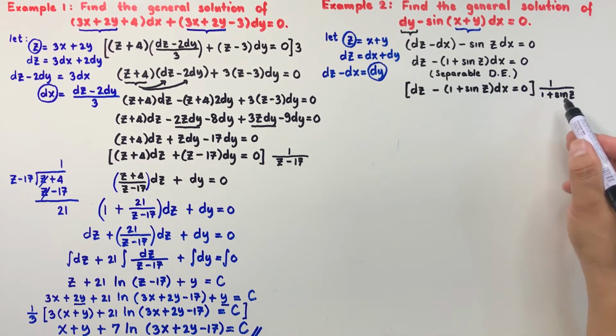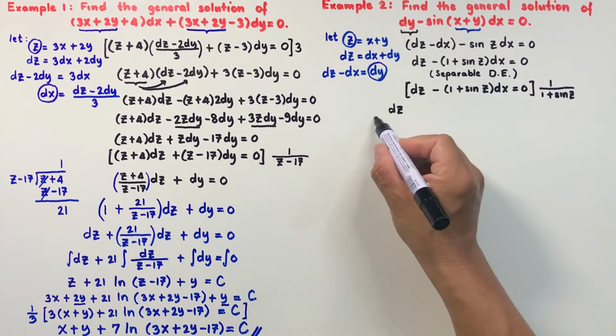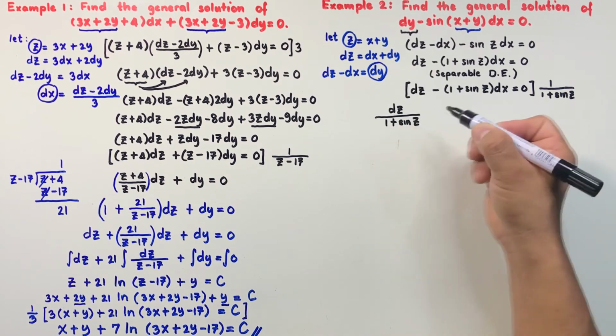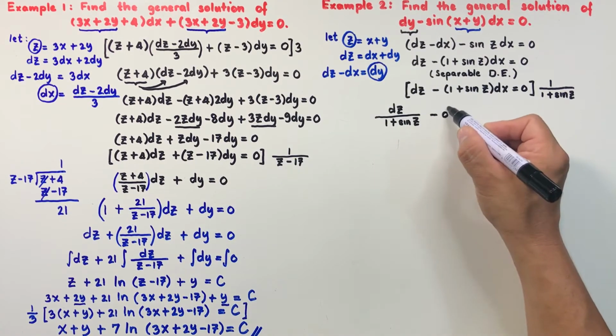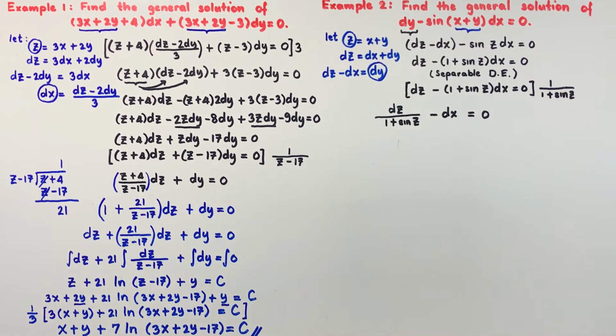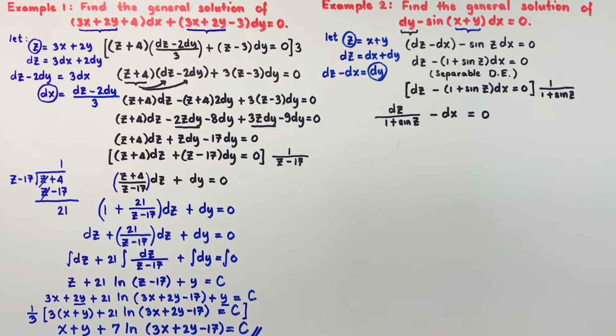So multiplying this one to dz, we have dz over 1 plus sine z. And this is subtracted by just dx. And the whole expression is equal to 0 because 0 times this fraction is 0.